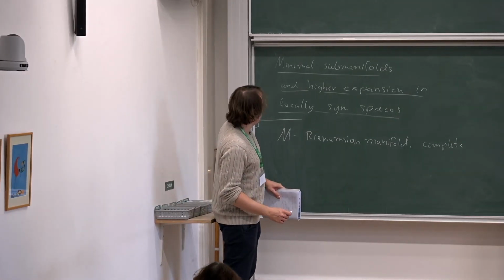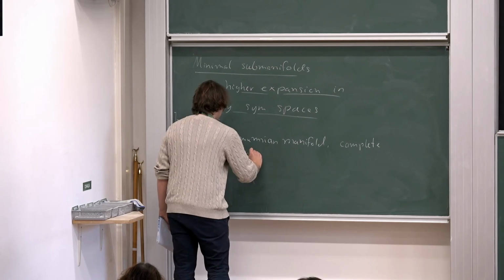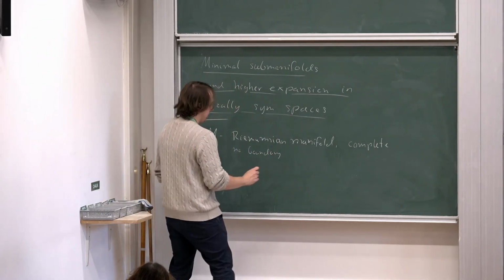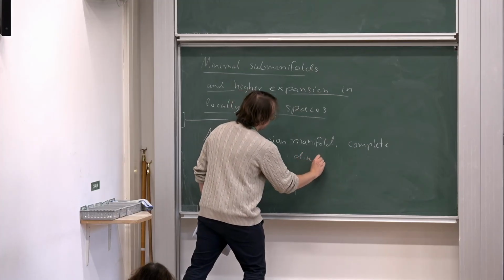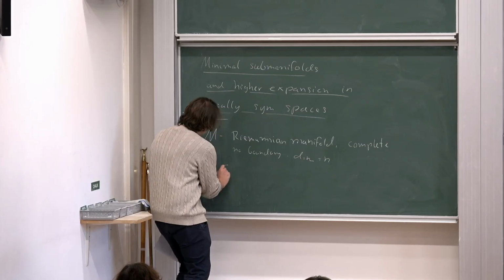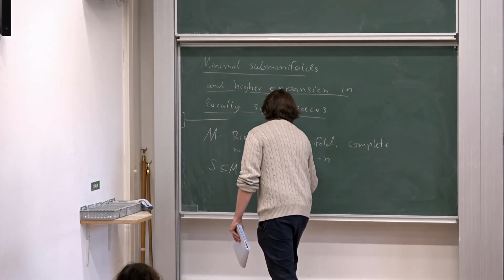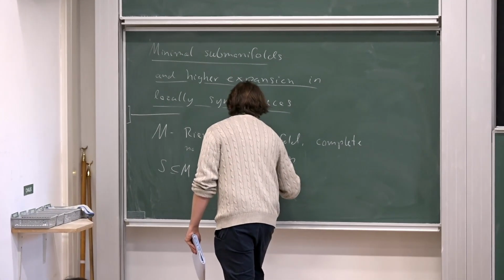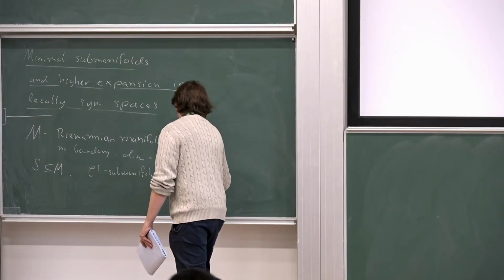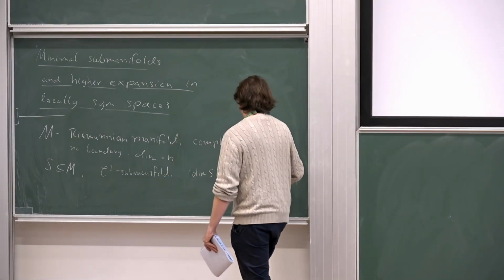No boundary so far, and the dimension will be n. And we'll have a submanifold S. This will be a C1 submanifold of dimension k.